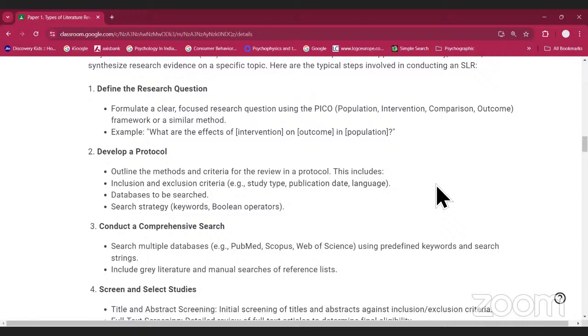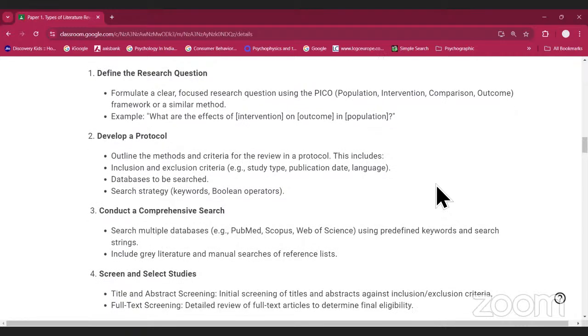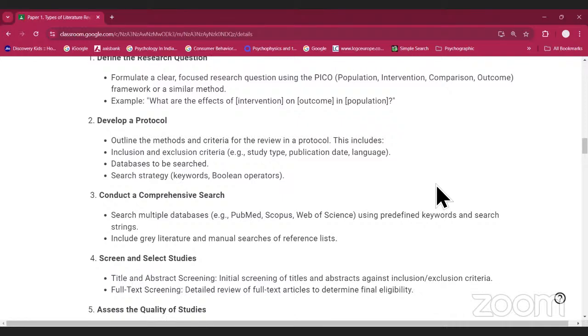Next. Conduct a comprehensive search. Search multiple databases such as PubMed, Scopus, Web of Science using predefined keywords and search strings. Include grey literature and manual searches of reference list. So number 4, gray literature means the technical reports.